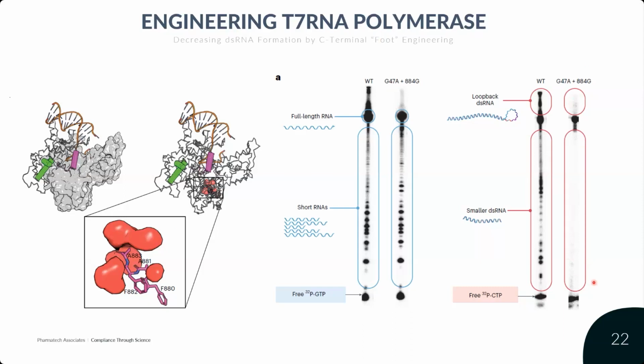The additional thing the scientists are looking at for the next generation of engineering of this molecule is the N-terminal domain. These residues are on the C-terminal side of the RNA polymerase, but on the N-terminal side, where additional binding occurs, it's possible that that is how you would end up reducing the short RNAs as well.